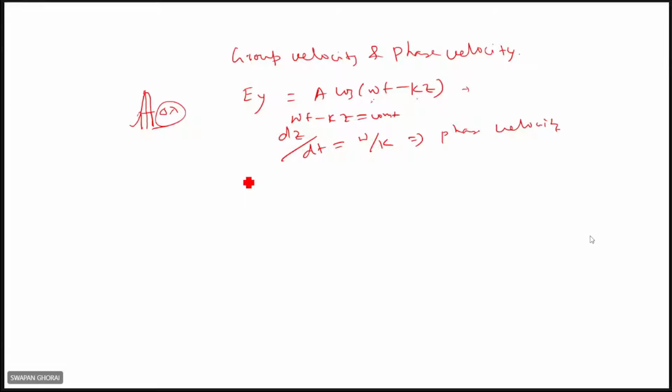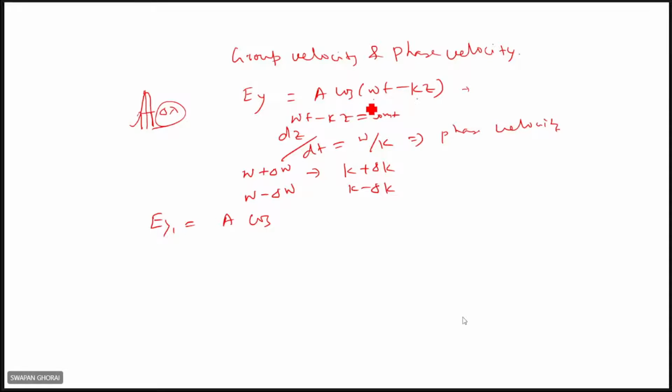So if you consider, suppose, two waves, one with frequency omega plus delta omega, where delta omega is very small, and another with omega minus delta omega. Two frequencies you are considering. The corresponding propagation constants are k plus delta k and k minus delta k, right? In this context, you can see the coherence term also.